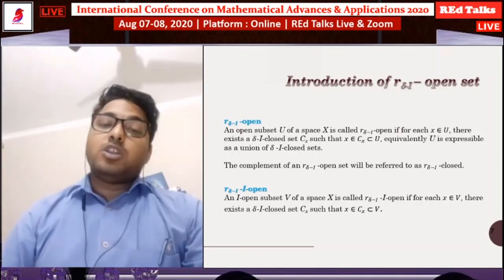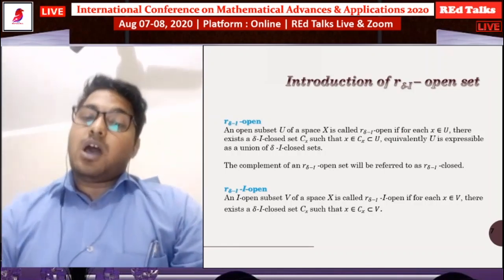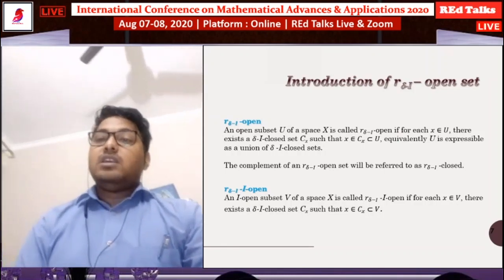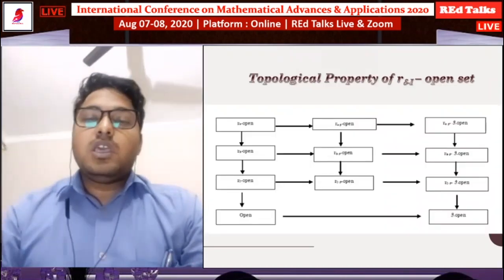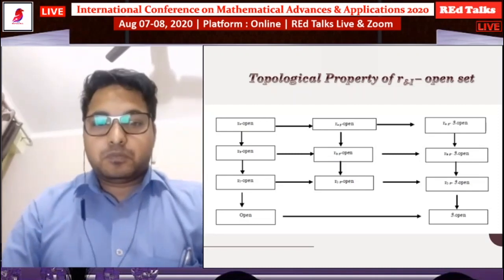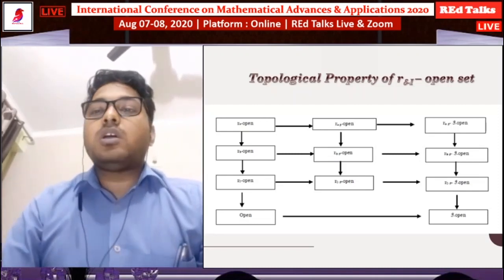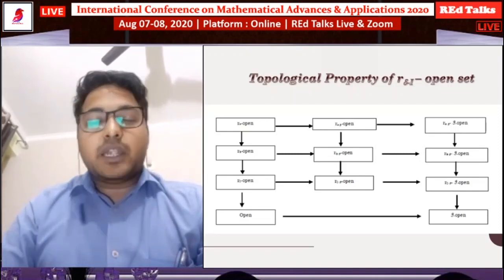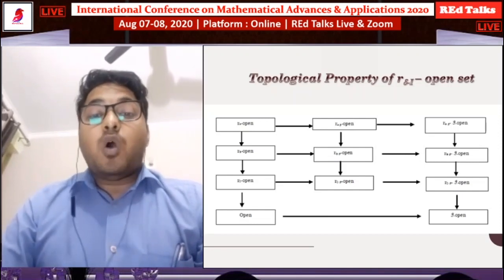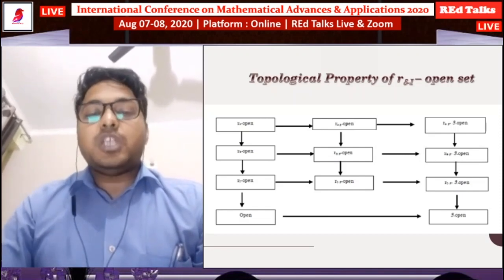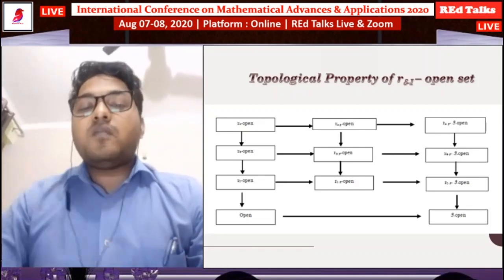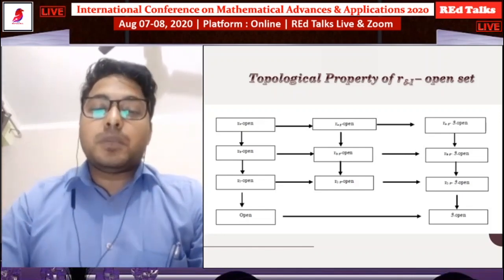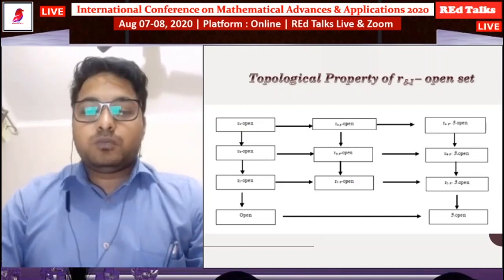Now, the topological properties of R delta I open sets. This is beautifully constructed in table form. We have given all the proofs in our article, and we also give a sufficient number of examples which show that the converse or the reverse implications are not true.